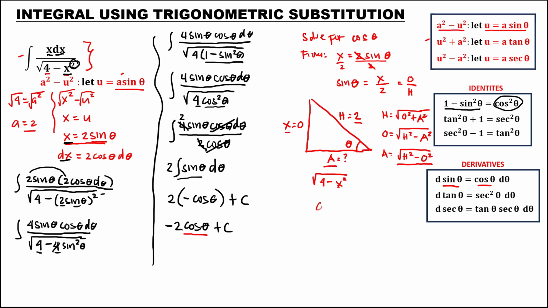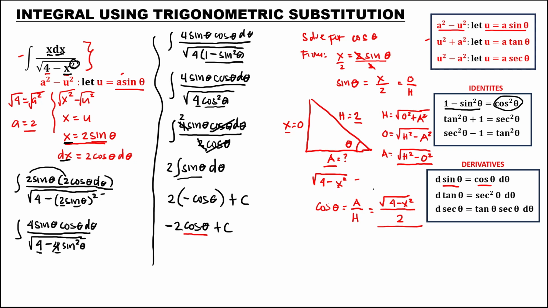So we can find now the value for cosine theta, because cosine theta is equal to the adjacent over the hypotenuse, the square root of 4 minus x squared over the hypotenuse, that's 2. So cosine theta is equal to the square root of 4 minus x squared over 2.